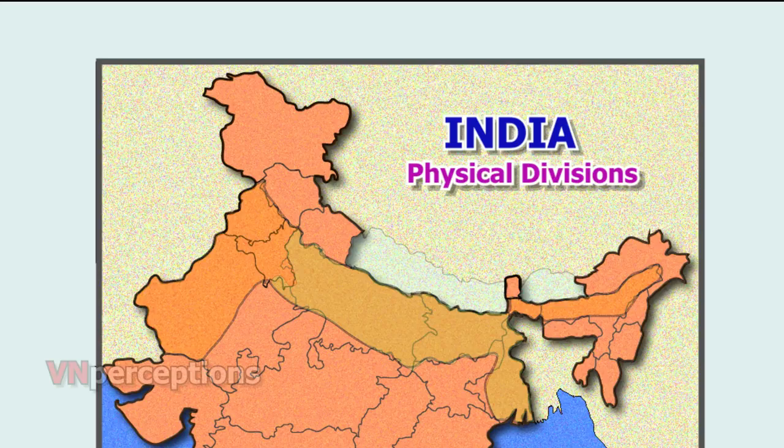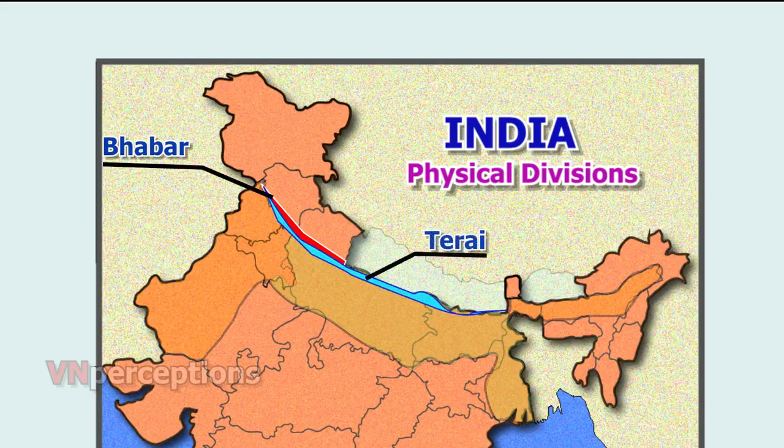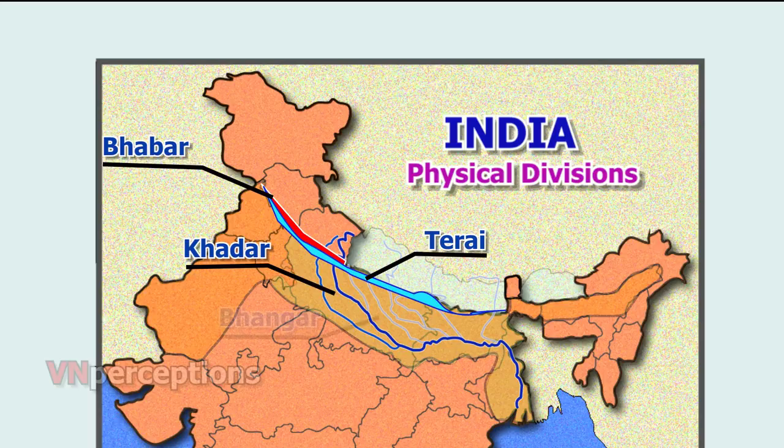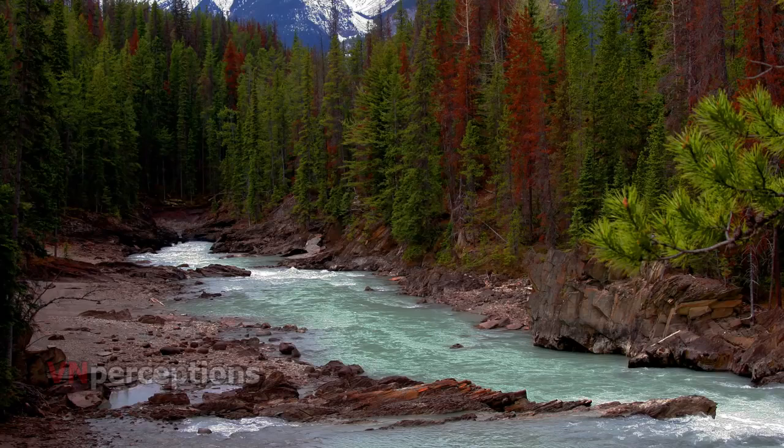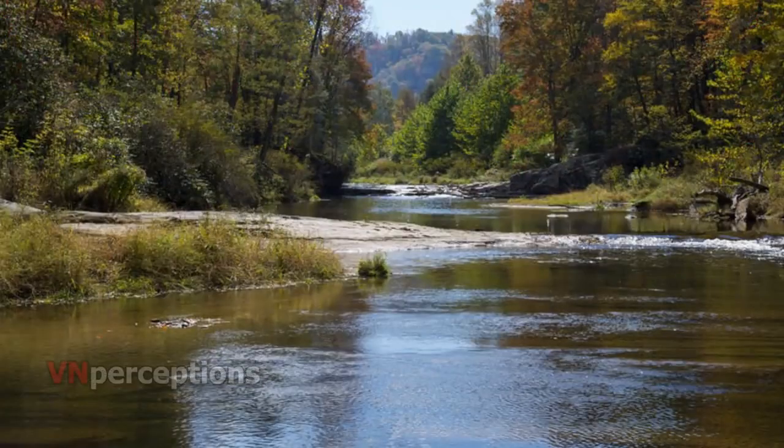Based on the depositions brought down by the rivers, four different types of regions develop, and they are Bhabar, Tarai, Khadar, and Bhangar. Whenever there is heavy rainfall in the mountains, streams develop and they join to form rivers.